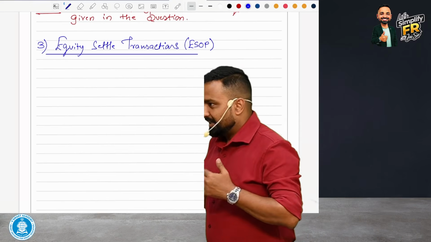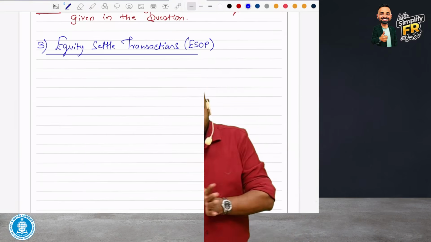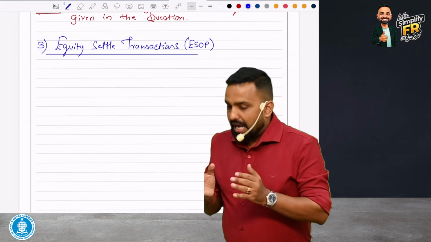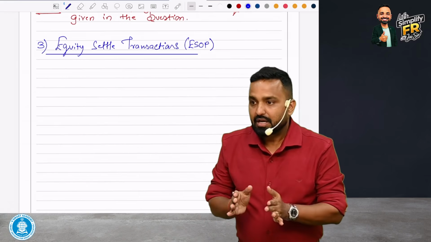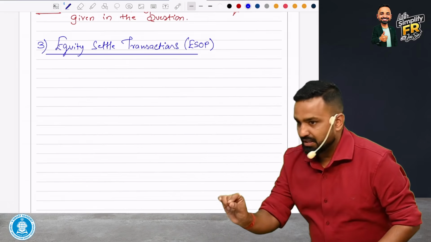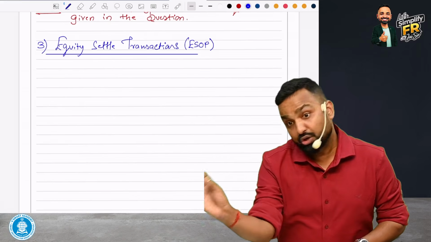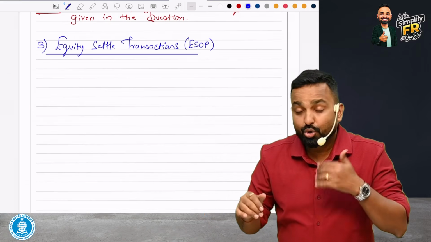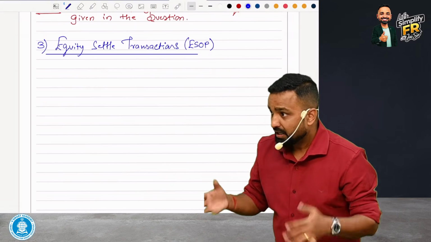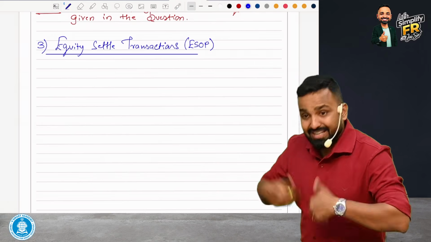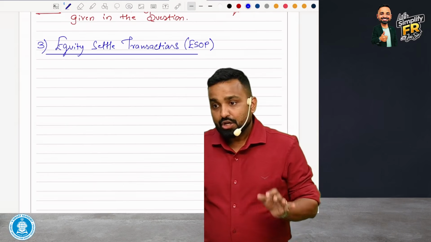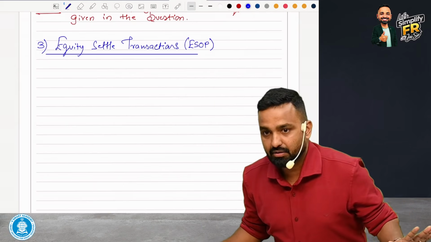Now please, before it's too late, let me tell you, items of OCI are defined by Ind AS, which one will go to OCI or which one will not. Items of OCI are predefined. We cannot decide that we want it to go to OCI. So OCI items are predefined as per Ind AS.